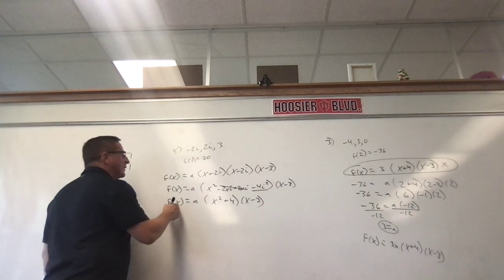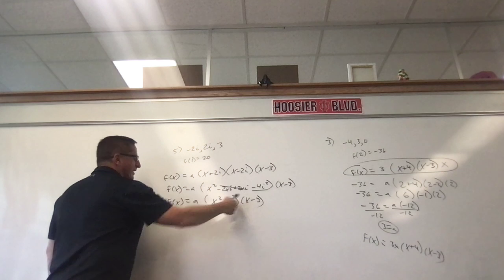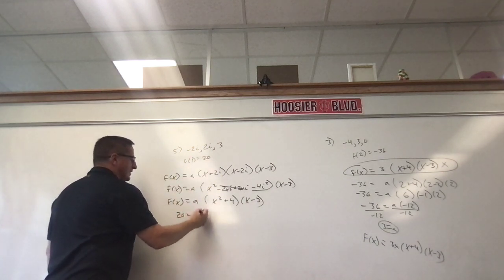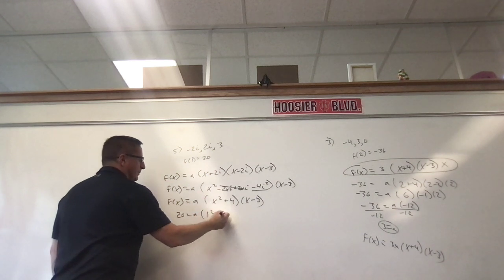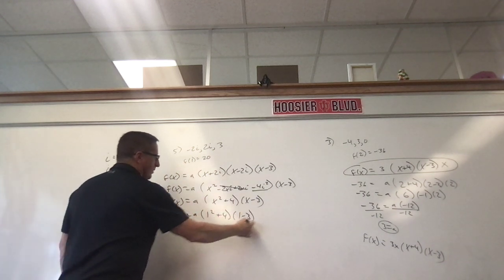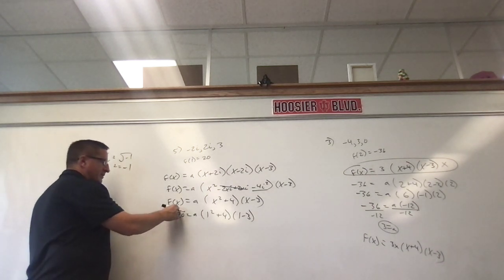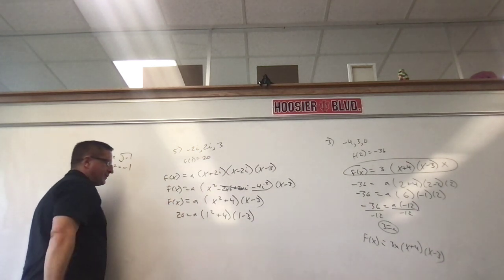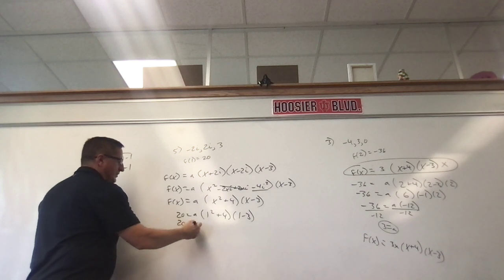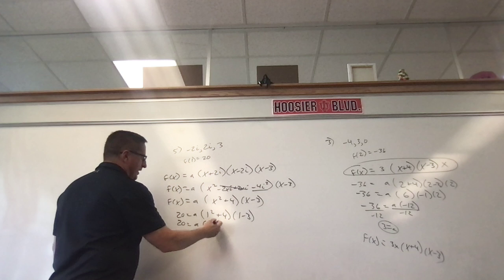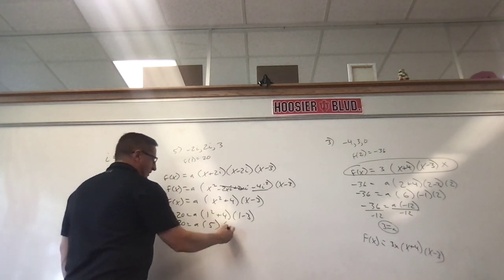So we plug in 1 for each of the x's, and f of 1 is 20. So 20 equals a times 1 squared plus 4, times 1 minus 3. We just plug in 1 for all the x's. So 20 equals a times 1 squared is 1, plus 4 is 5, times 1 minus 3 is negative 2.